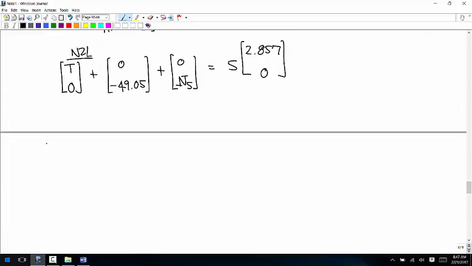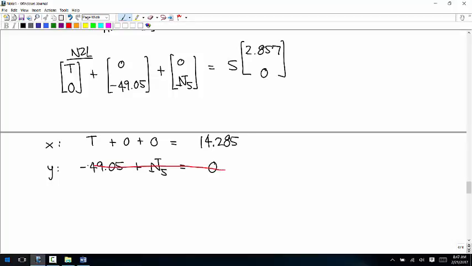So we get two equations. The x equation says T plus 0 is equal to 5 times 2.857, which is 14.285. The y equation says negative 49.05 plus N5 is equal to 0.